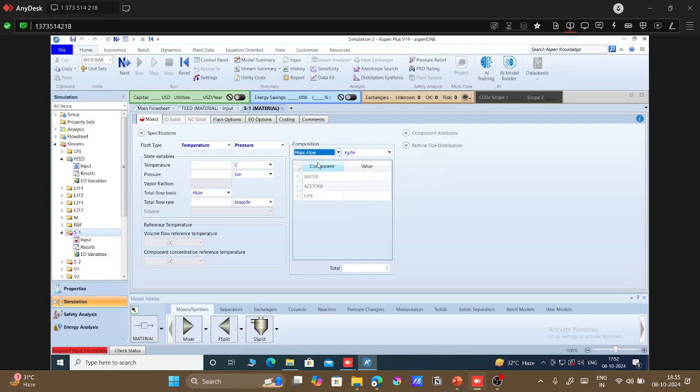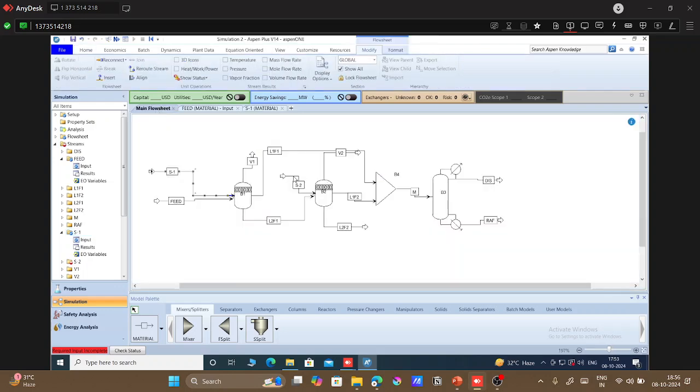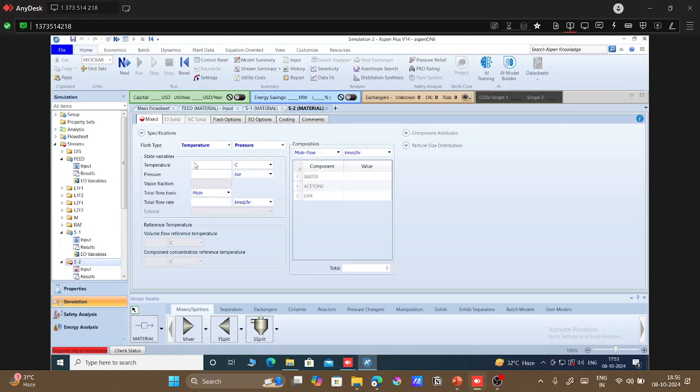We have mass flow rate 75 kg, 25 degree centigrade and 1 atmosphere, right? Same for solvent number 2, which is at 25 degree centigrade, 1 atmosphere, 75 kg per hour.